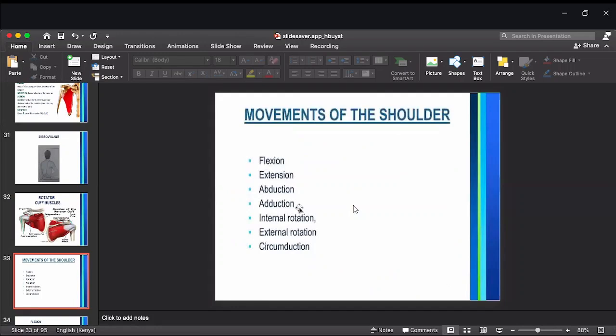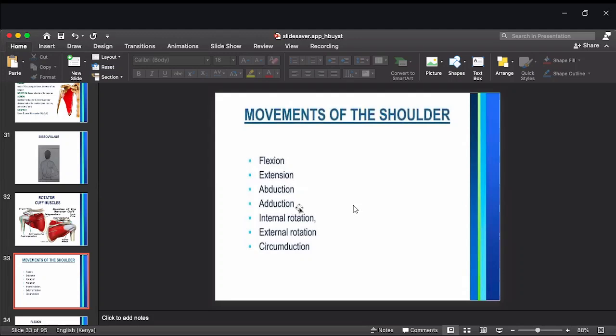So the movements of the shoulder joint: there are different types. We have flexion, extension, abduction, adduction, internal rotation, external rotation, and circumduction. Circumduction is moving the arm in 360 degrees.